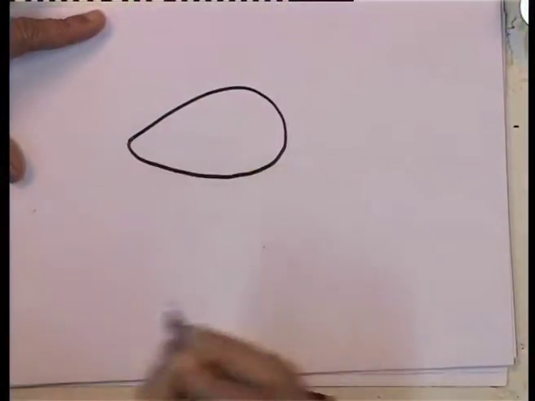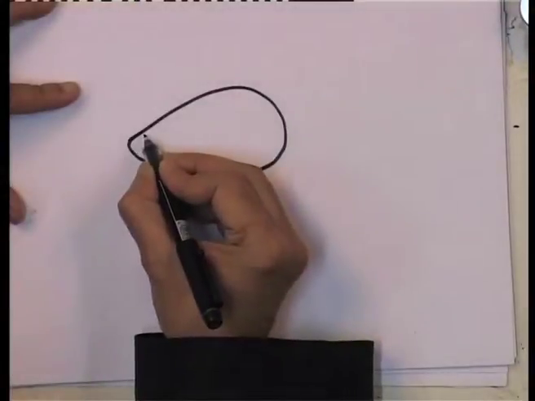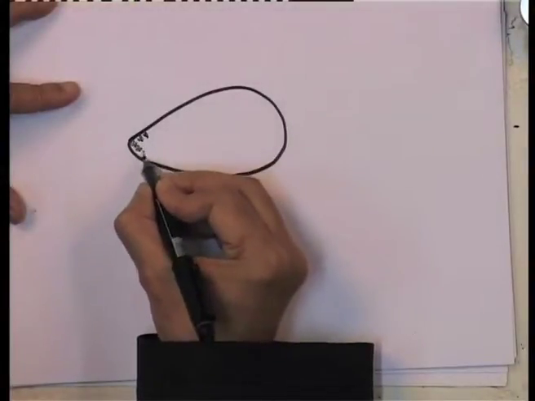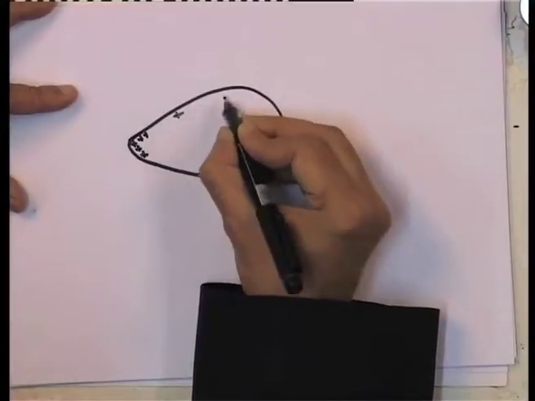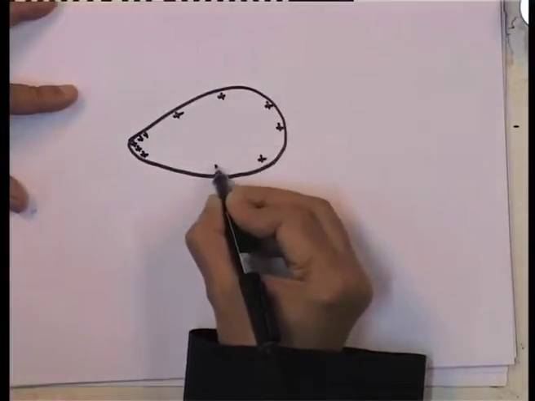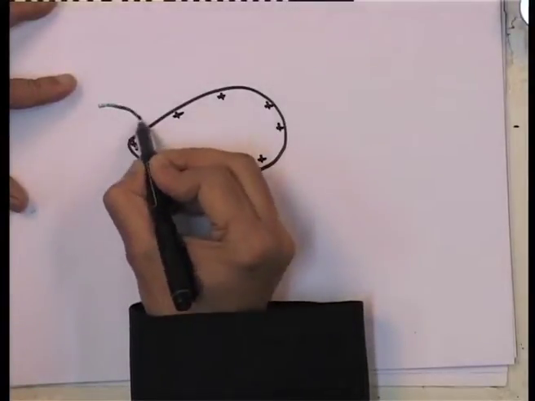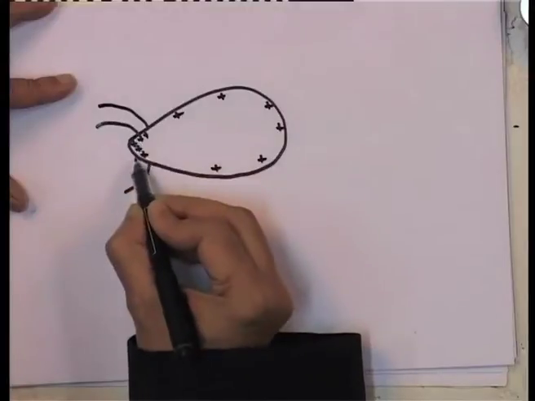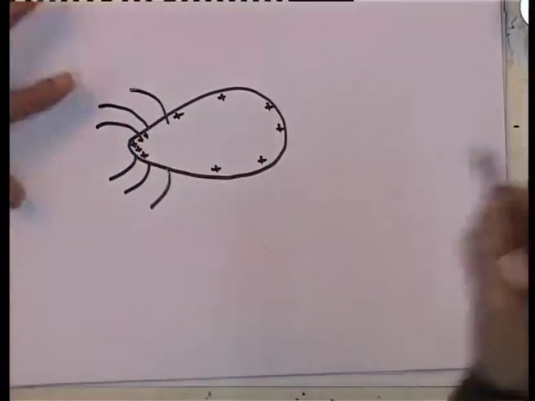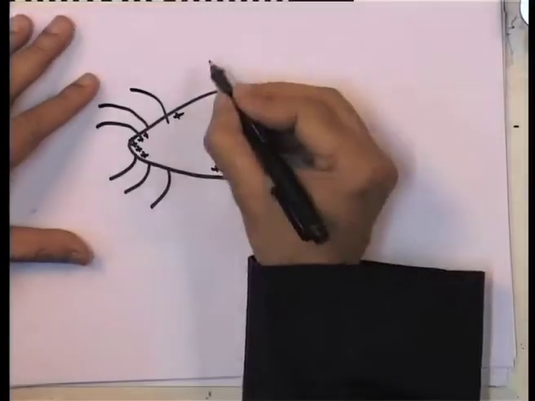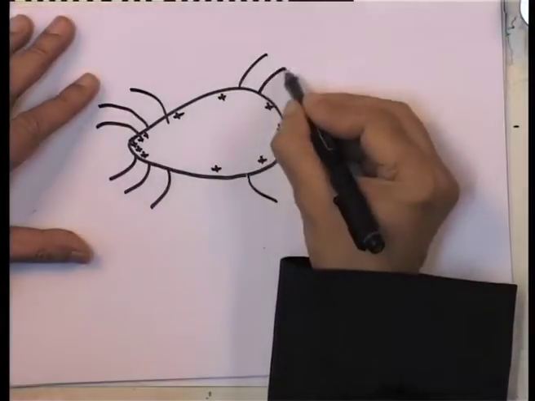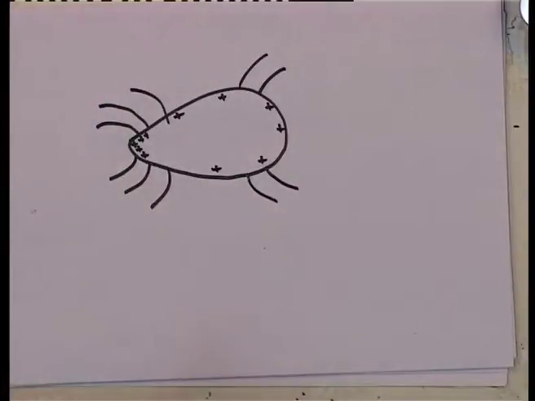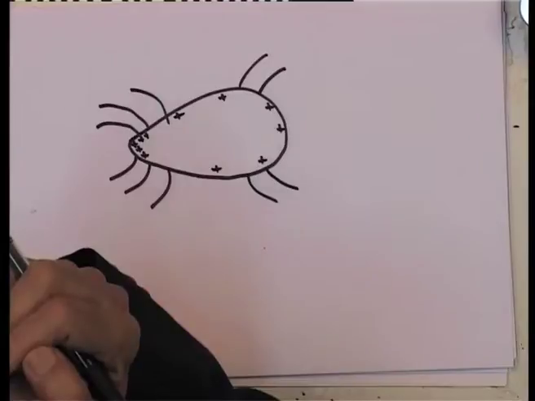Suppose I take an irregularly shaped body. Let me take positive charges on the surface. Now, the electric lines of force are like this, as has been shown in that picture. Notice that this body, if you look at large distances, would appear like a point charge.